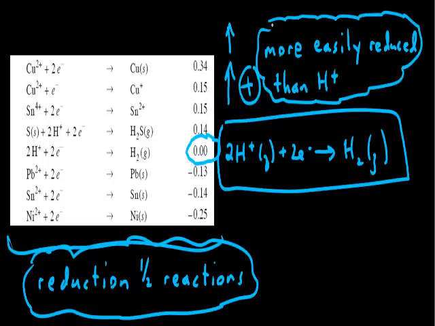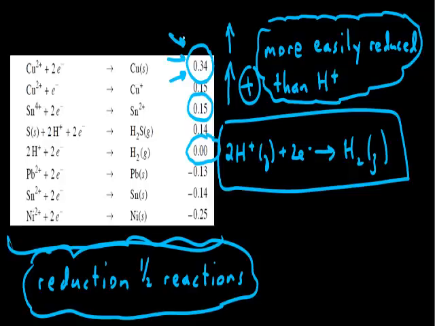So anything here that's positive, for example tin 4+ has a positive 0.15, copper 2+ positive 0.34, indicates that the reduction process takes place more readily than it does for hydrogen ions. As we get more and more positive, that also indicates that a half reaction is more and more easily reduced.